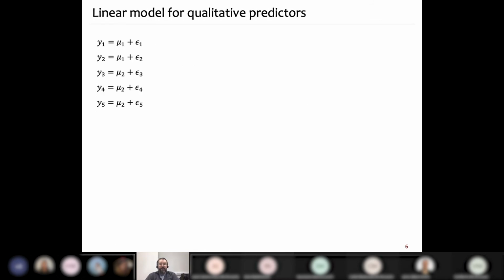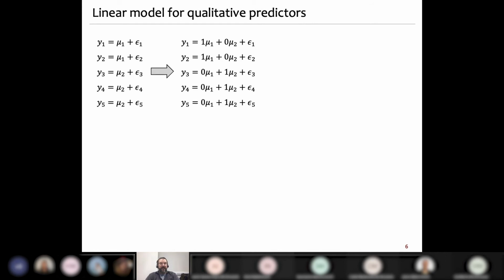Now we take these 5 equations and transform them into something more useful. First, we rewrite them in an explicitly symmetric way, so we can see both mu1 and mu2 in all equations. I simply multiply by 1 where there is mu1 and by 0 where there is no mu2, and vice versa.